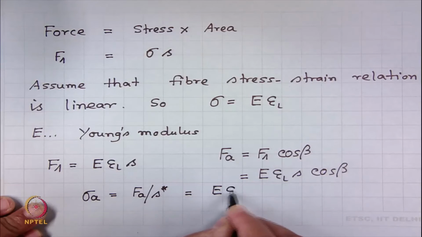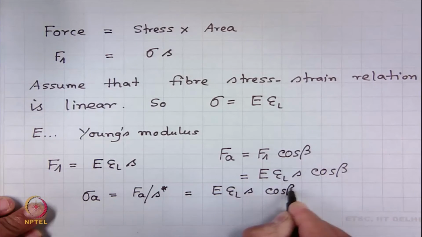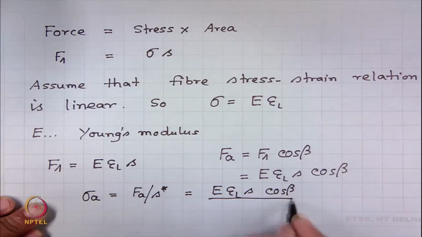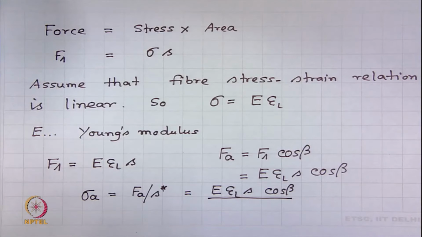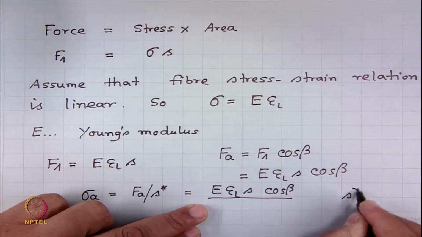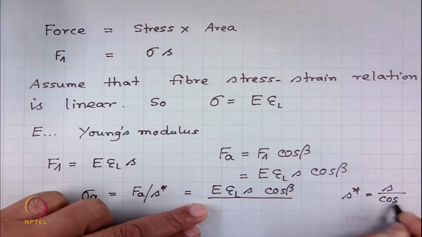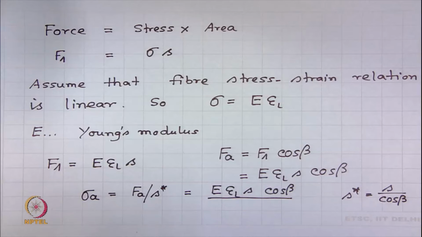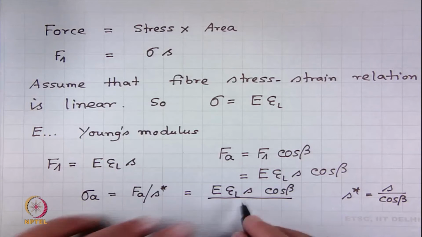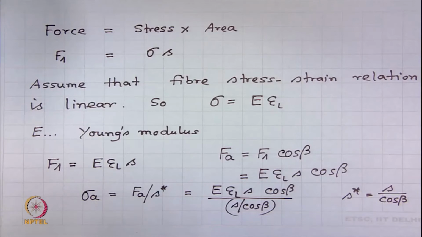F subscript A is E epsilon L S cos beta divided by A star. We know from module 2 that A star is S by cos beta.